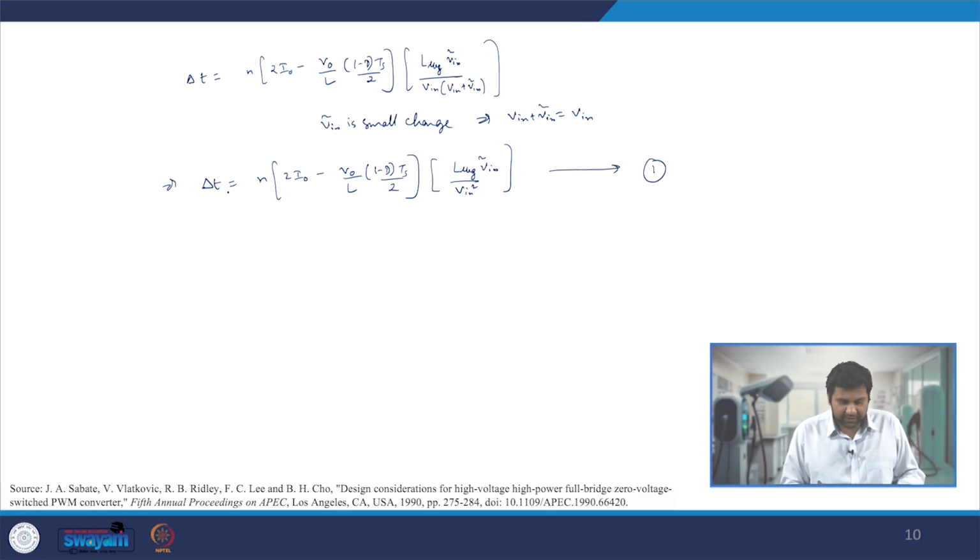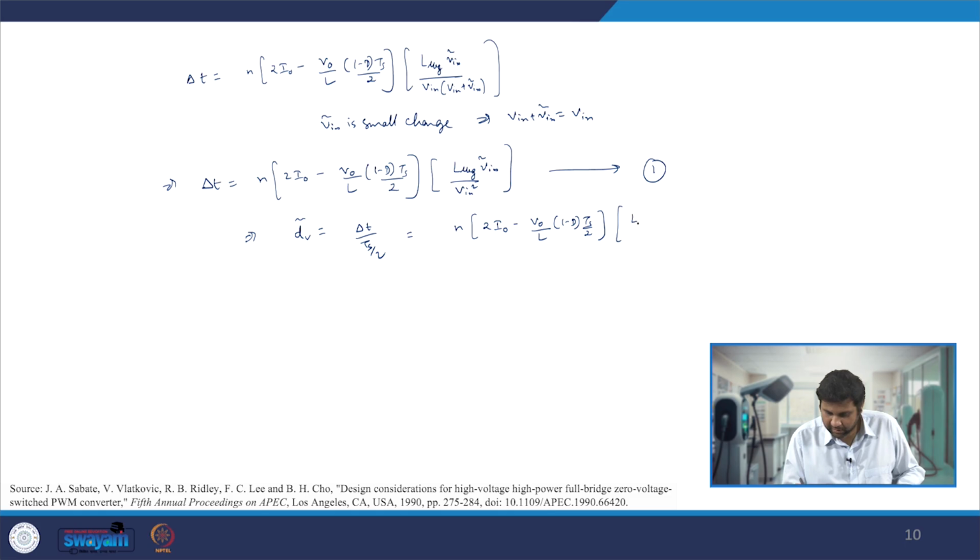So since we have obtained the delta T, that implies my duty ratio due to dV, a change in the input voltage, the effective duty ratio will be equal to delta T by Ts by 2, and that will be nothing but n times 2 I naught minus V naught by L 1 minus d Ts by 2, L leakage V in tilde or V in square, and this we can just write V in tilde divided by Ts by 2.